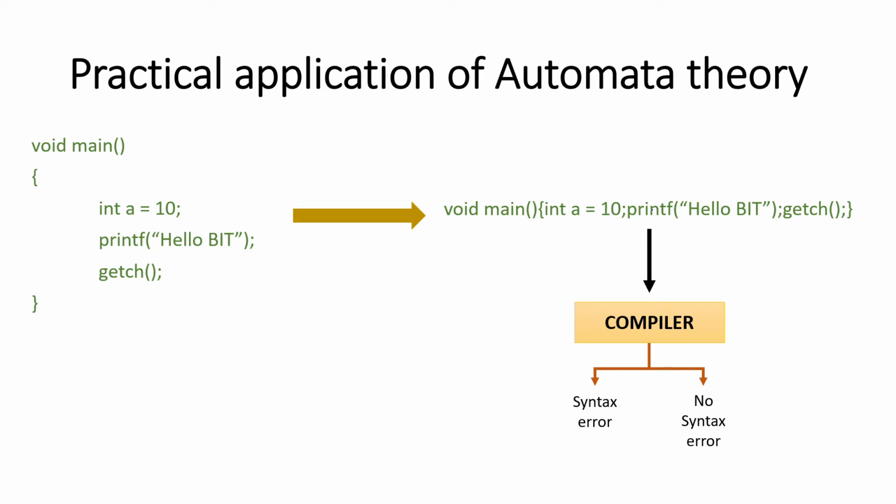Because the compiler is a deterministic machine. If this deterministic machine wants to realize whether a particular string is proper, because ultimately the program that we are considering over here is basically a string, the string is nothing but the program.